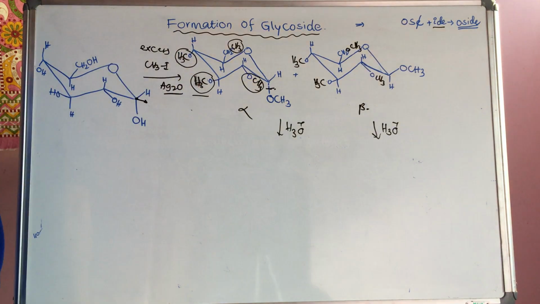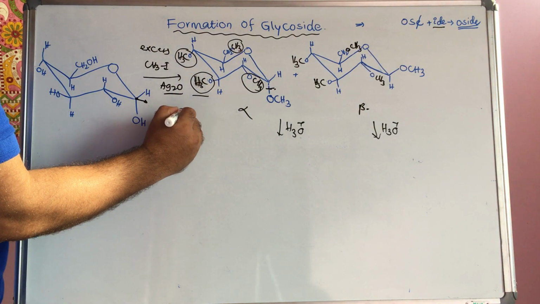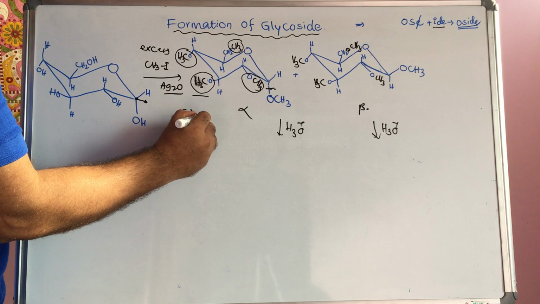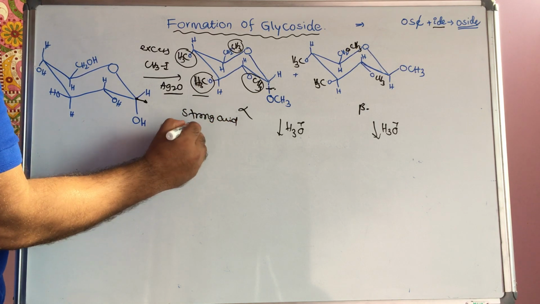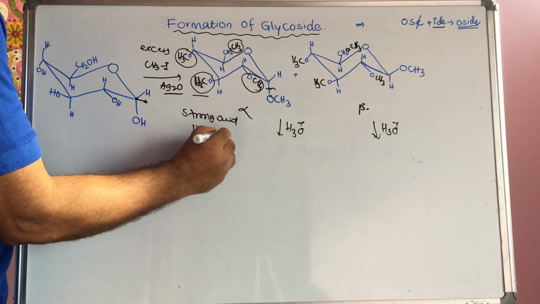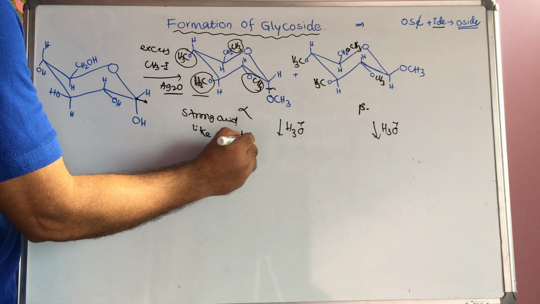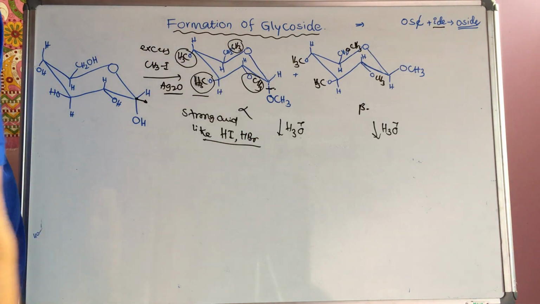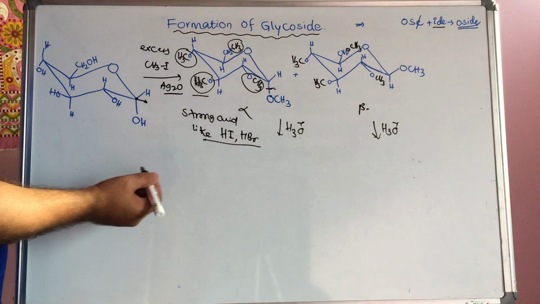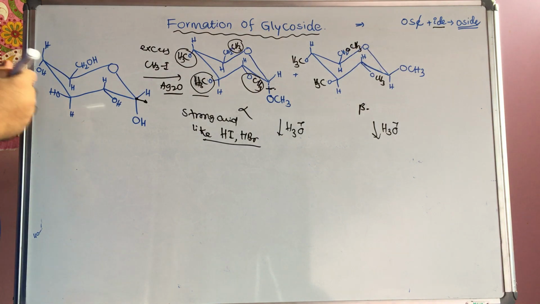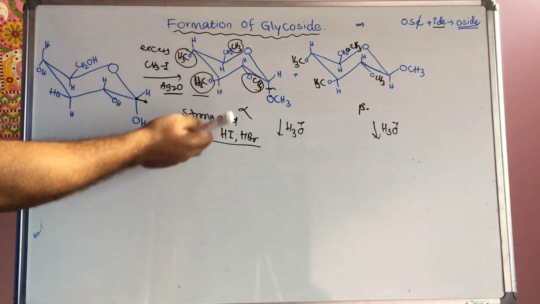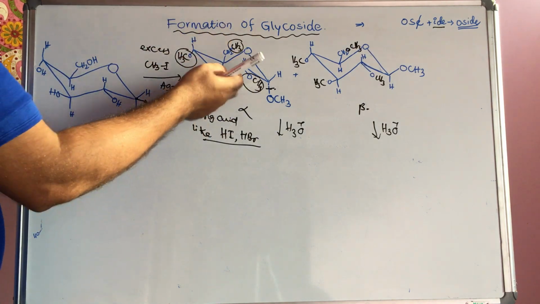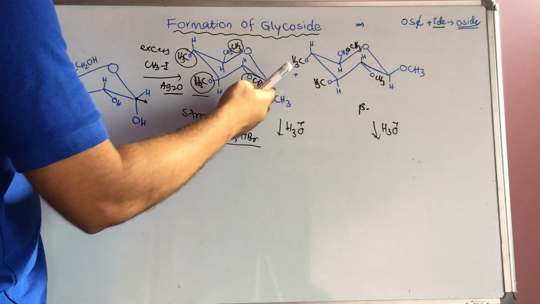This normal ether will be affected only if strong acids like HI, HBr are present. You may have learned in the ether chapter the reaction with concentrated HI and dilute HI. Only then will these ethers be affected.